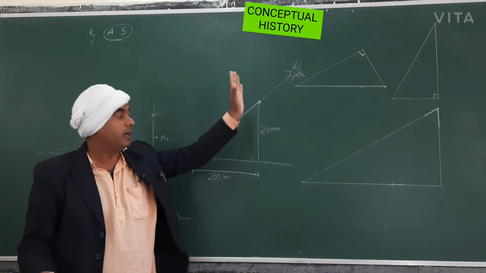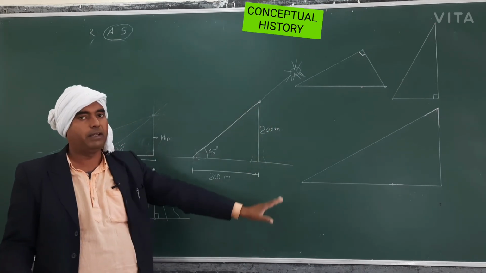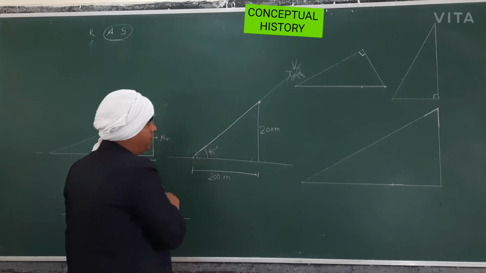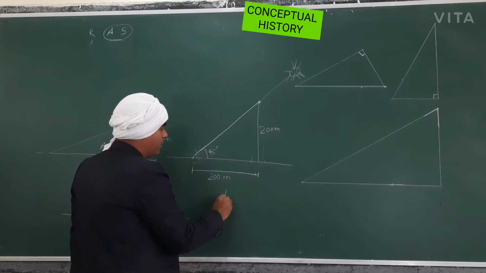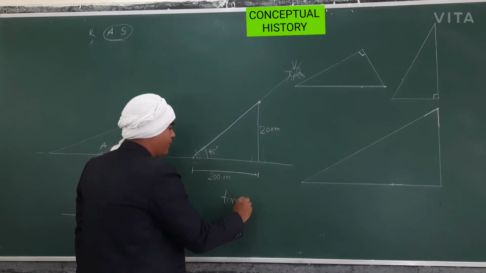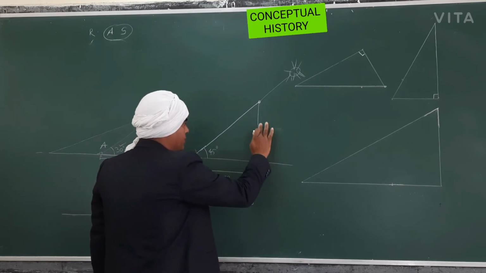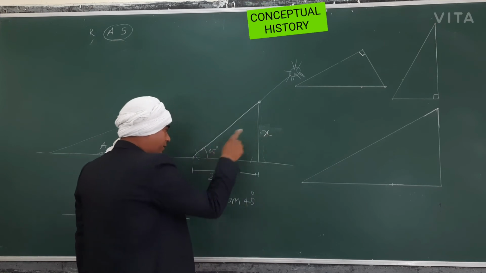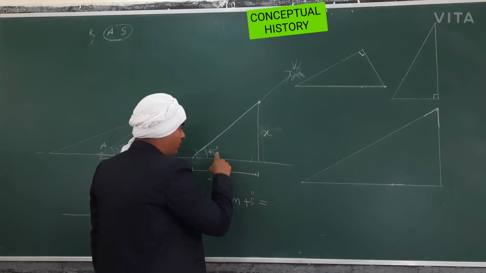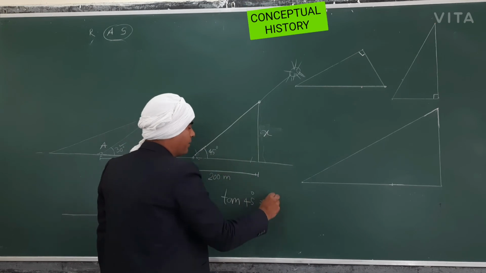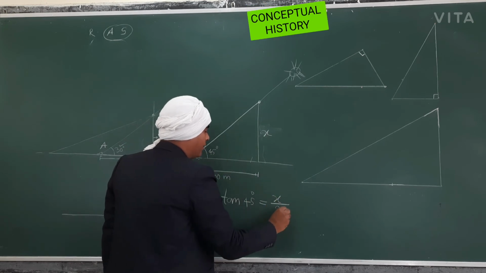So they make a chart of all the values of trigonometry. So tan theta will be used here. How? We will solve here tan 45 degree. Suppose we don't know the height of this one, so we will take x. tan 45 degree is equal to, by the definition, x upon 200.